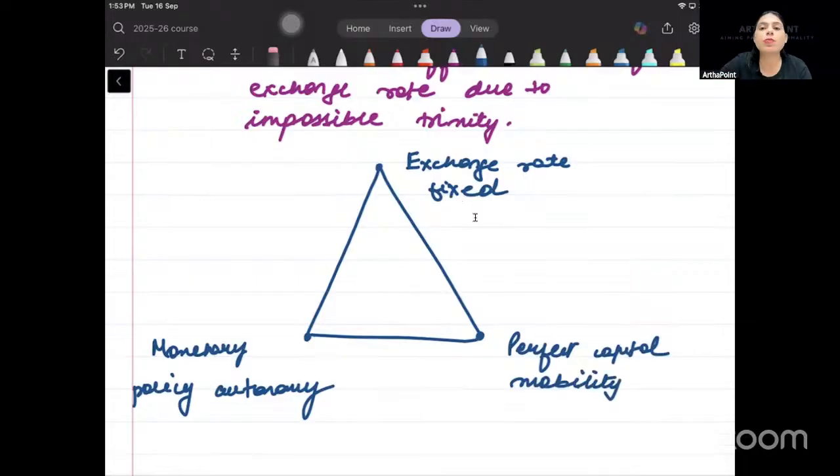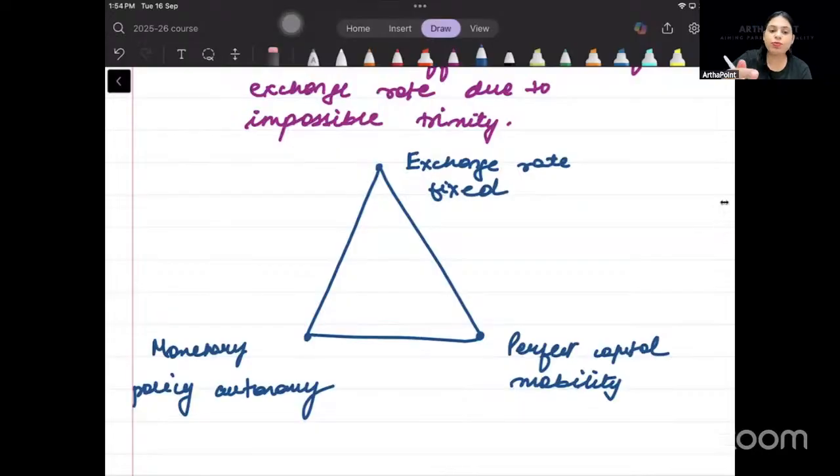Monetary policy autonomy means: can I use monetary policy to increase output in the economy? Is that possible or not? That is what monetary policy autonomy suggests.